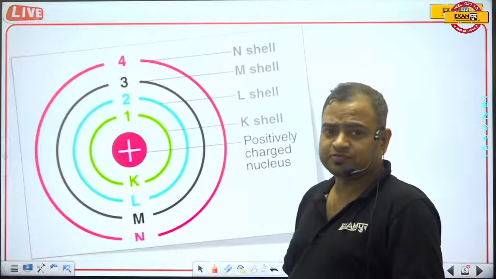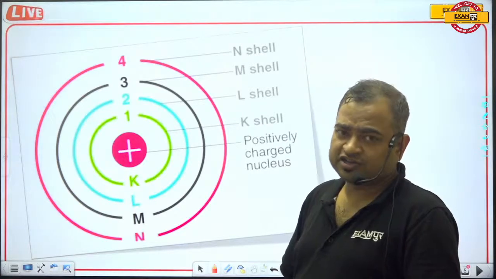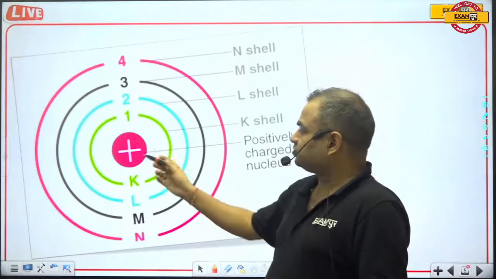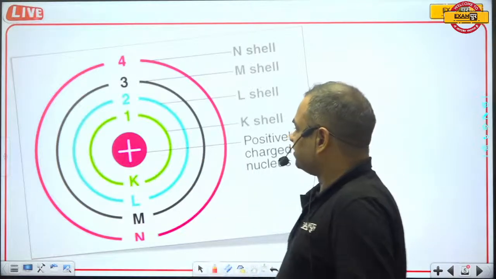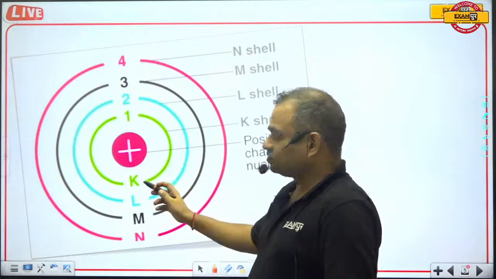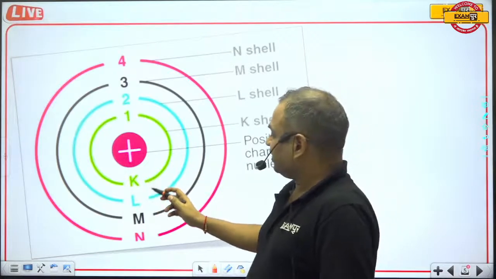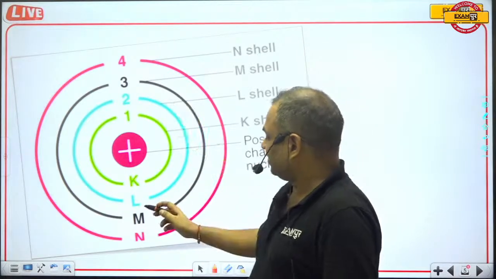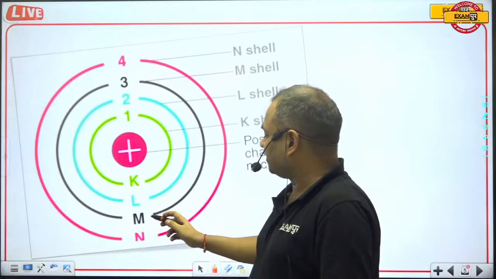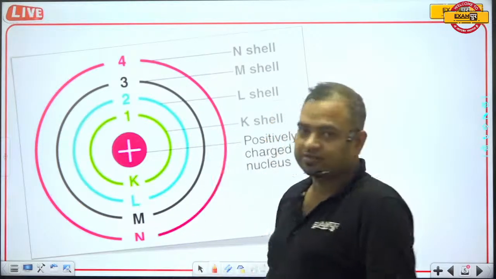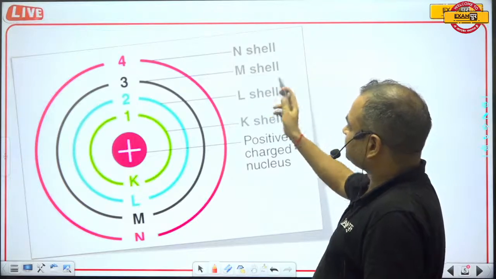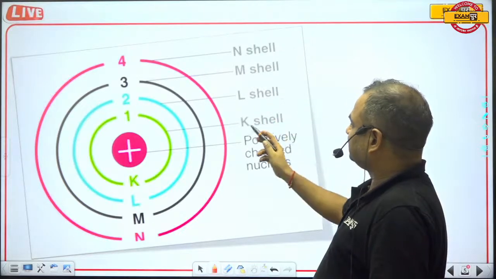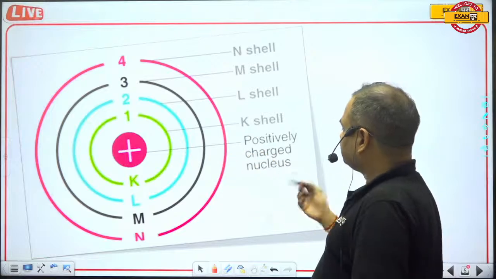So proton possesses the positive charge and neutron doesn't have any charge, and that's why the positive charge appears on the nucleus of this atom. Okay, so this is the first cell. This one is also represented as K, the second cell is represented by L, the third cell by M, and the fourth cell by N. This is the N cell, this is the M cell, this is the L cell, this is the K cell. Okay, this is the positively charged nucleus.